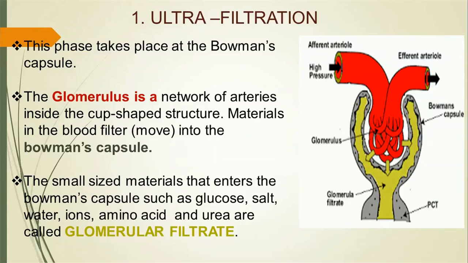The material that filtered into the Bowman capsule is what we call the glomerular filtrate. The red color here represents the glomerulus, the gray cup-like structure represents the Bowman capsule, while the light green color represents the glomerular filtrate. So just take time and go through it.